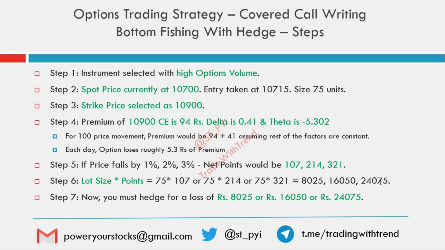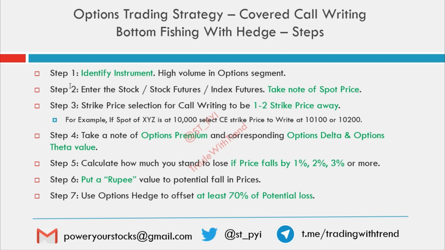In step 7, now you must essentially create a hedge for potential losses, that is rupees 8,000 loss when your price falls by 1%, 16,000 loss when your price falls by 2%, and 24,000 loss when your price falls by 3%.